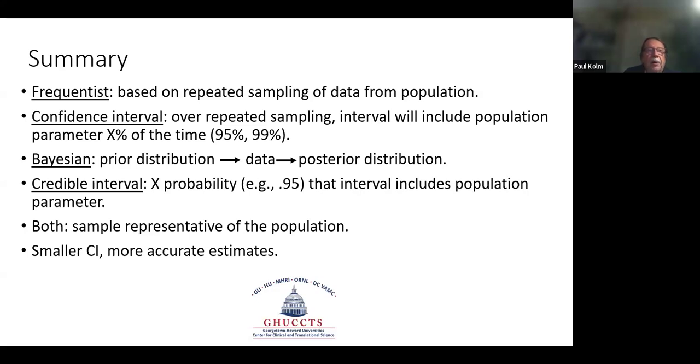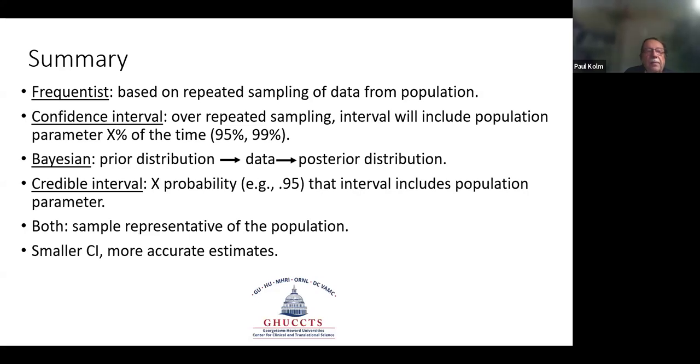A couple of things that are relevant to both: the sample really needs to be representative of the population. In either case, if the sample is not representative of the population, then your results are not going to be valid.